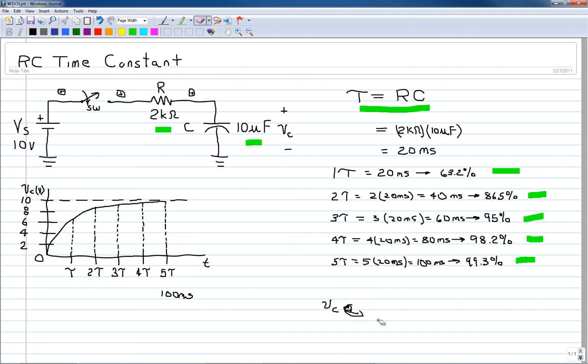Let me correct that, make that look a little bit better. At 2 tau is equal to the applied voltage, which would be 10 volts, times 86.5%.